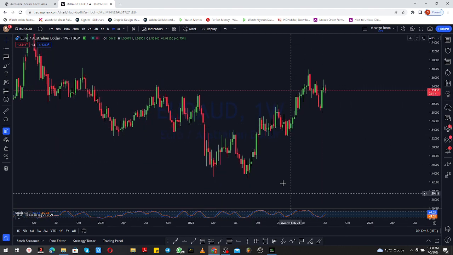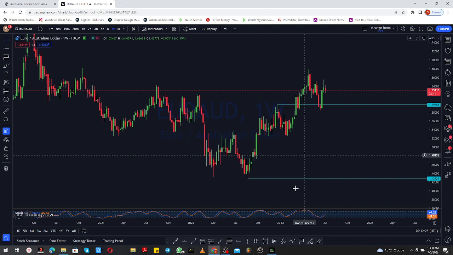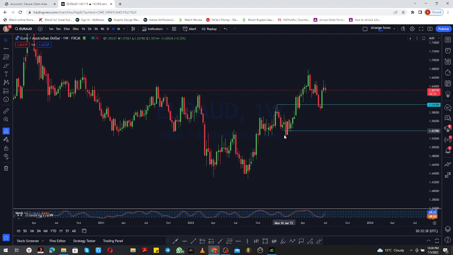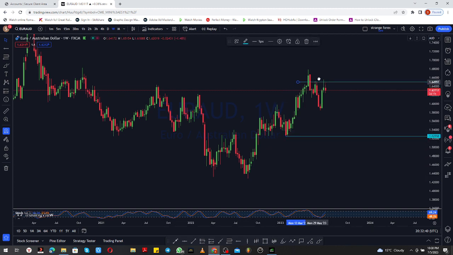As you can see, guys, we had this low here, and then we had this high, and then we had a low here. Then we had a low here, and then we had a high here, right?